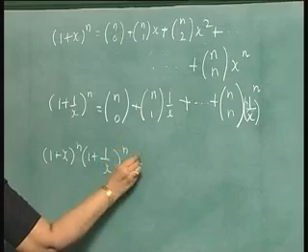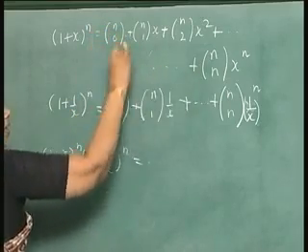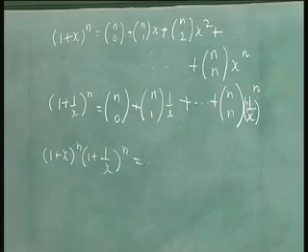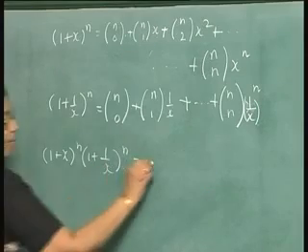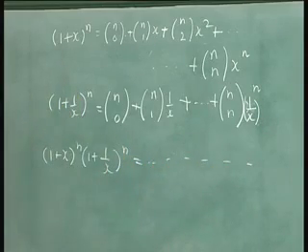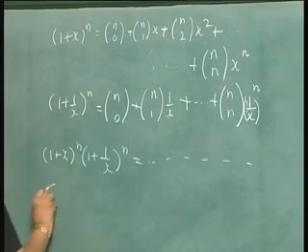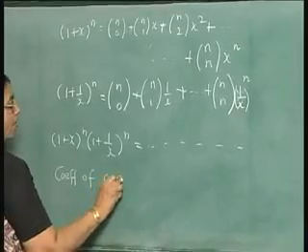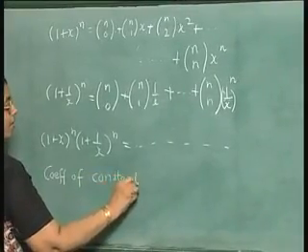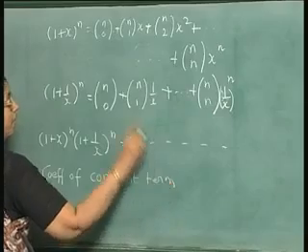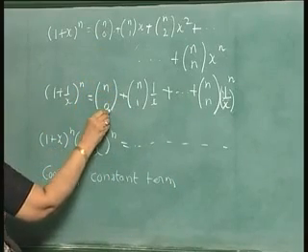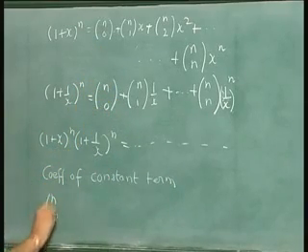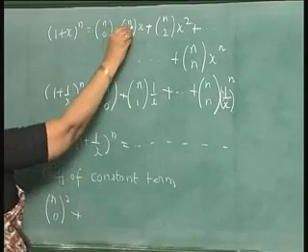Now, what is the coefficient of x power 0 or the constant term here? Right hand side will be some expression. What is the coefficient of x power 0, the constant term? This and this will give you a constant term, that is nC0 the whole squared, and this, when you multiply with this, will give you a constant term, that is nC1 the whole squared.